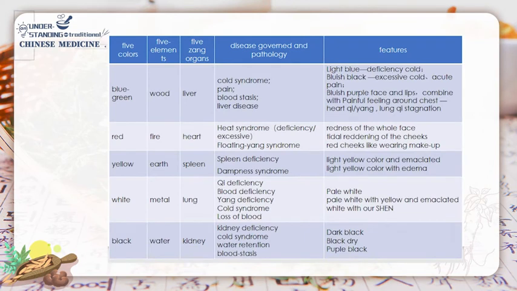Like in this chart showing here, each color in clinic has its special significance, which can give an index to the disease and the pathology. Like the red complexion, easily found on people who have high fever or hypertension. In TCM, red generally refers to heat syndrome, like the photos show here.